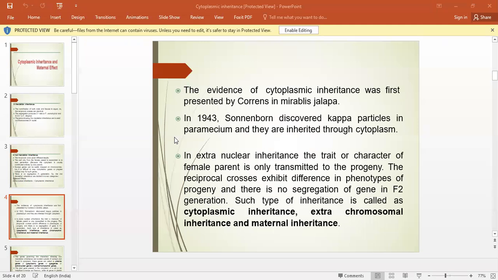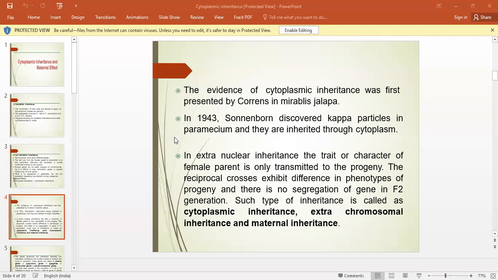With the help of the male gamete and the female gamete. So what is the male gamete? Sperm. And what is the female gamete? Egg. Remember that the egg is double the size of the sperm. The sperm is very small in size, but the egg is double the size of the sperm.